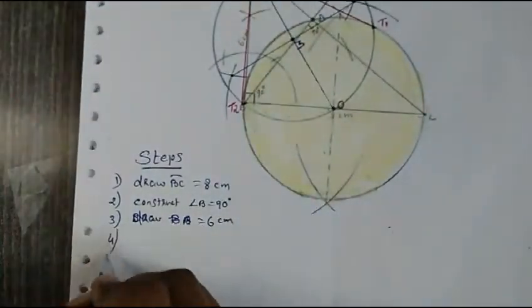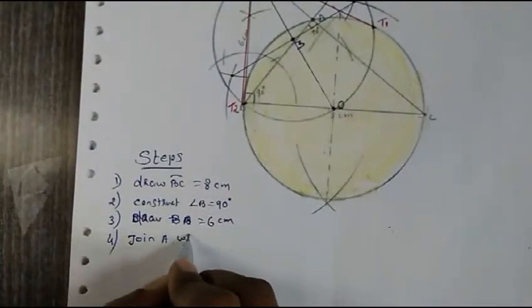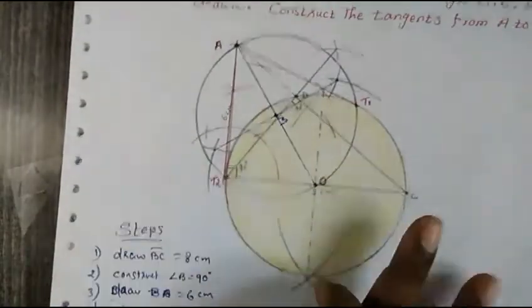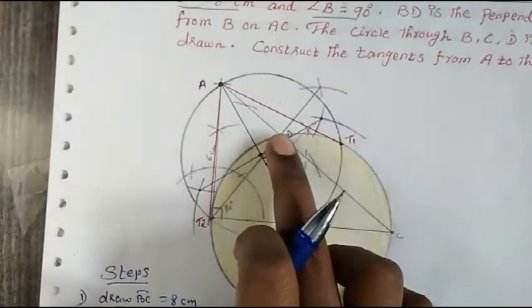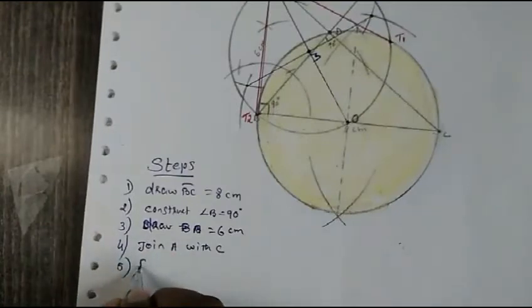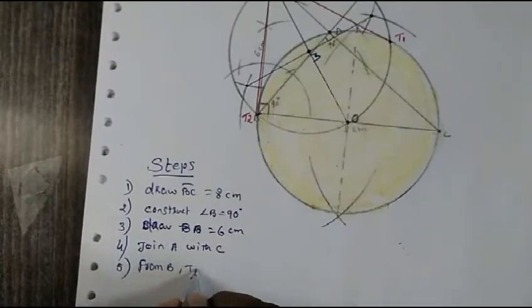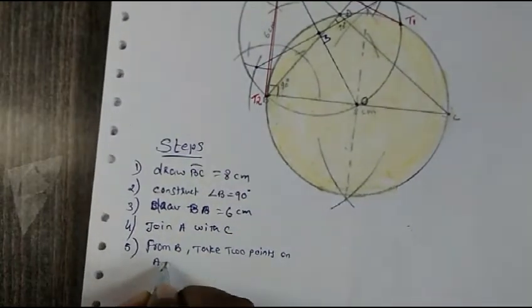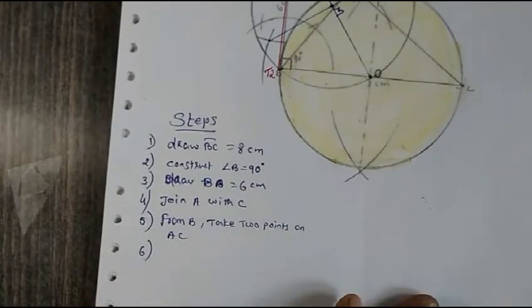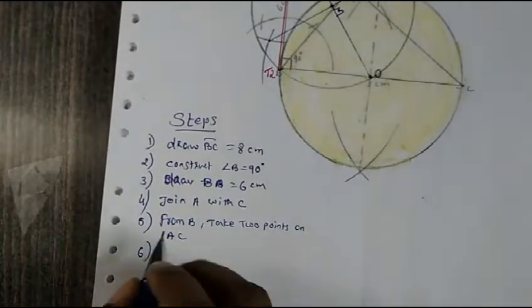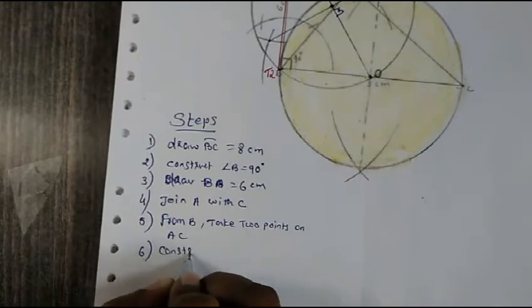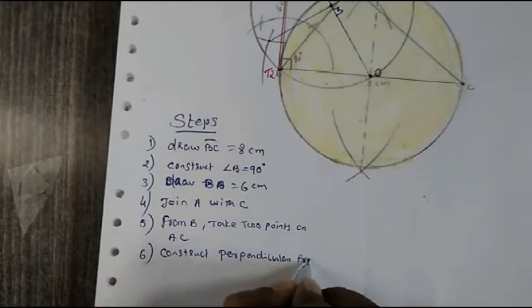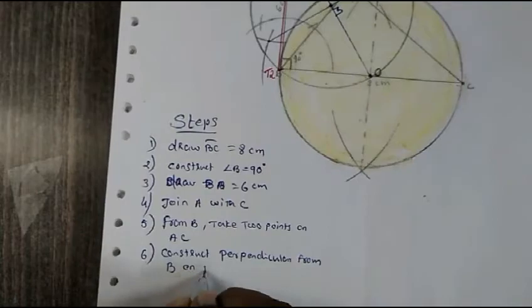Then we joined A with C. After joining A with C, from B we took 2 points on AC. From that, we constructed a perpendicular from B on AC.